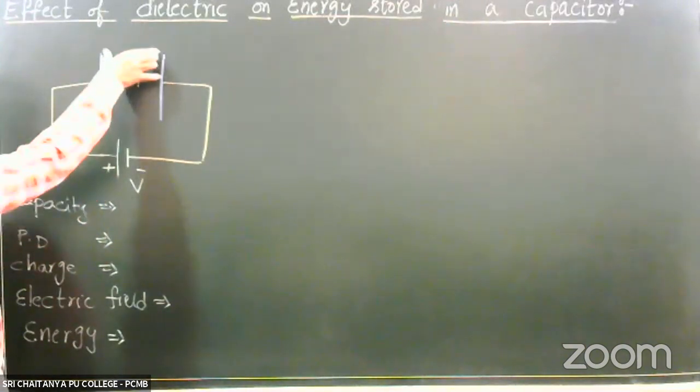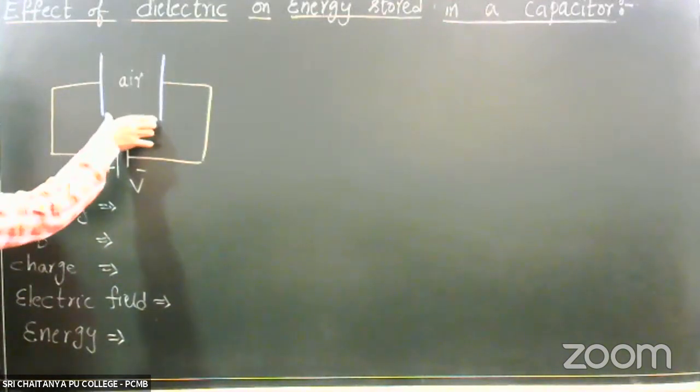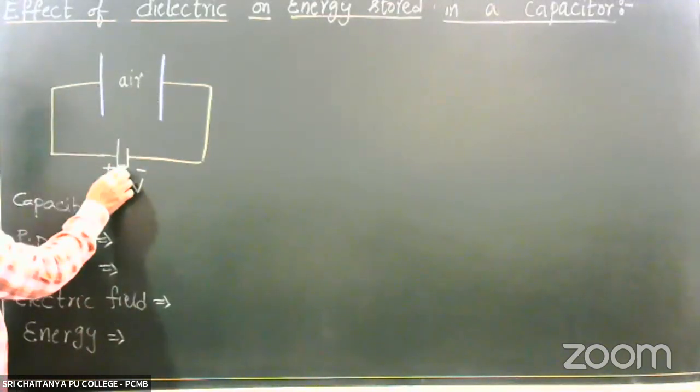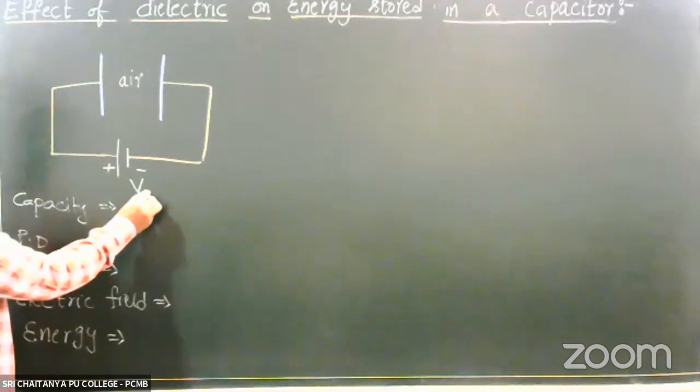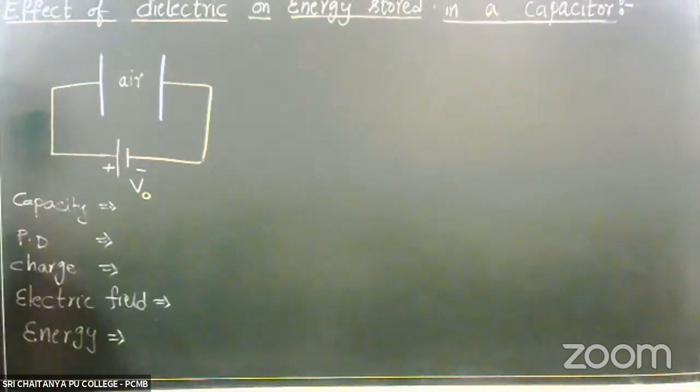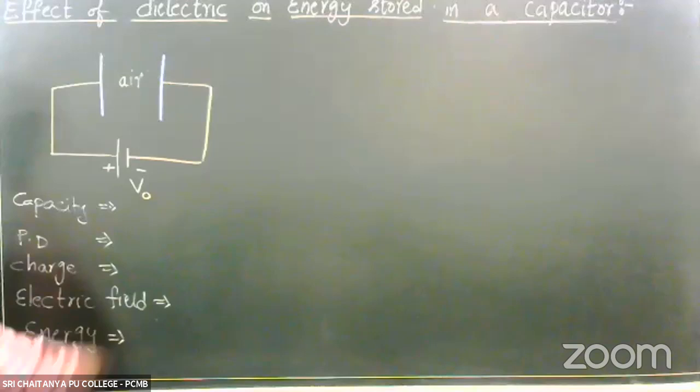Here, this is one parallel plate capacitor. This capacitor is connected to a battery of potential V0, let us say. So the capacity of this capacitor with air as medium between the plates is C0.